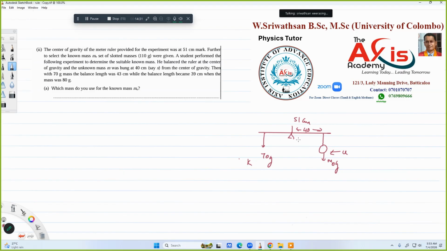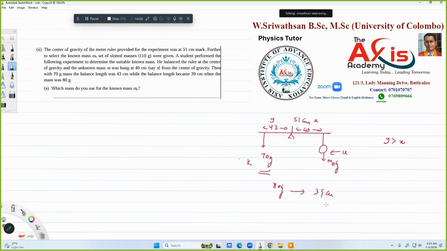Then the 70 gram weight balances, so the balance length is 43 here. As we have already explained, x and y should be comparable. Y is slightly greater than x in this case when we choose 70 gram. Instead of choosing 70 gram, if we choose 80 gram, the balance length was 39 centimeter.